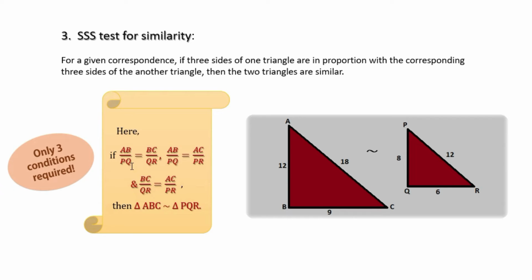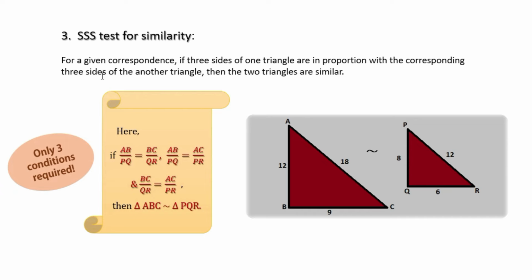AB upon PQ has to be equal to BC upon QR. Again, BC upon QR has to be equal to AC upon PR, and finally AB upon PQ is equal to AC upon PR. This is the required condition.